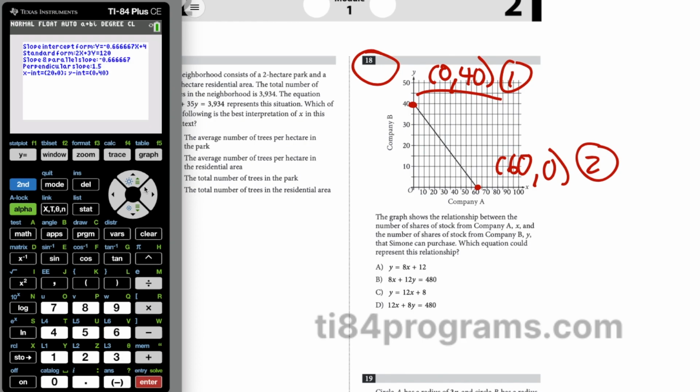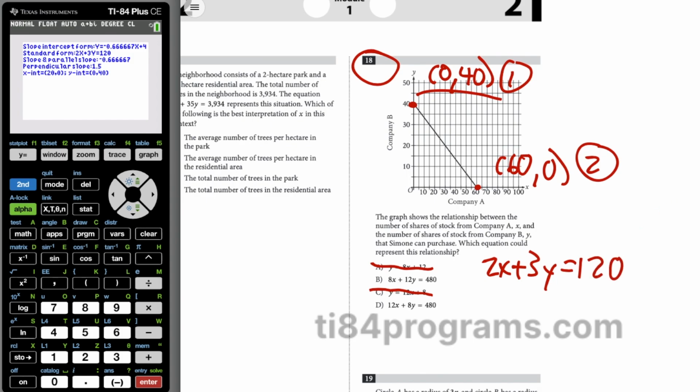Now, of course, being the SAT, it's a little trickier. It looks like if we have a y equals, it's going to be a negative x, so we can immediately knock out these two. Now what we have left is the standard form of the equation, is this 2x plus 3y equals 120. And, like I said, it is the SAT, so they're making it a little more difficult than need be.